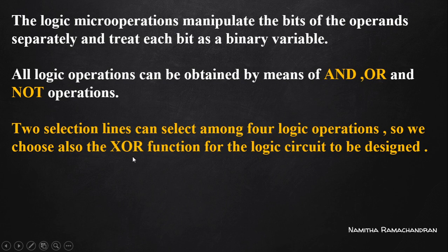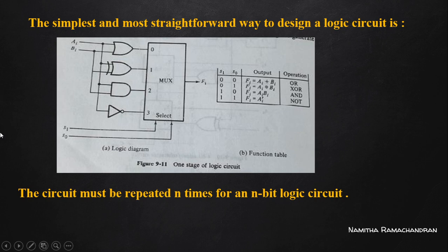That is XOR, which is considered along with the AND, OR and NOT operations. This is the simplest representation of our circuit that performs the basic logic operations OR, XOR, AND and NOT with two selection lines.